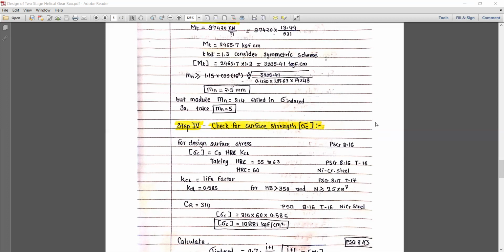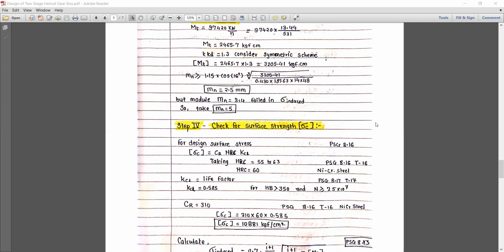Design sigma c is equal to Cr into CHRC into KCL. Here CHRC we will take between 55 to 63. So we have selected 60 because the material is NiCr steel, from PSG page number 8.16, table number 16.